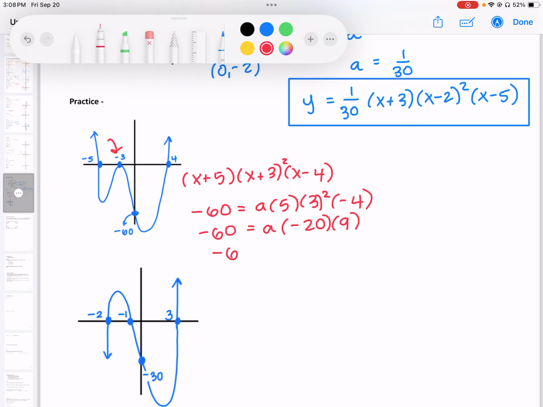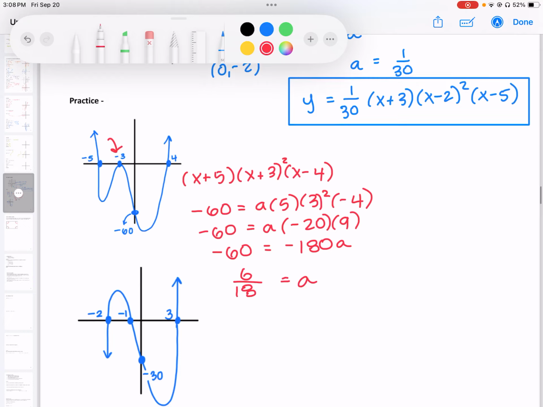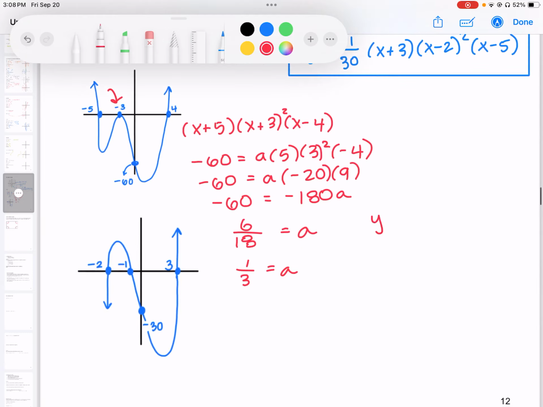So that's negative 60 equals negative 180a. And if we divide, that's 6 over 18. And if we simplify further, that's 1 over 3. So that means my final function will be y equals 1/3 times x plus 5, x plus 3 squared, times x minus 4.